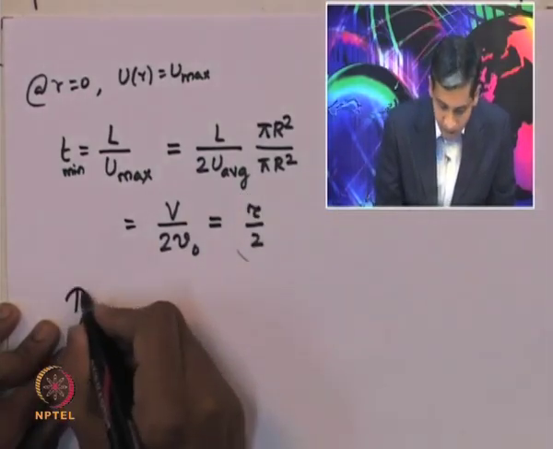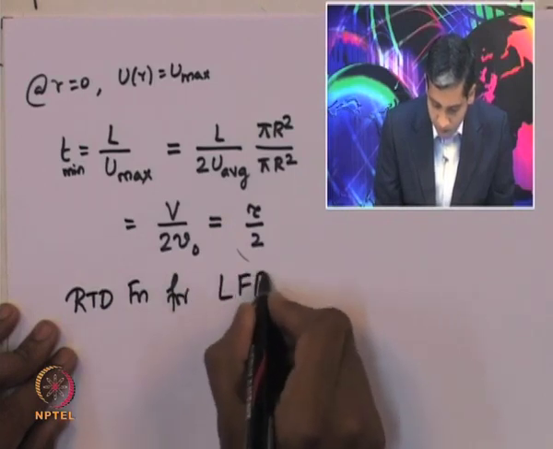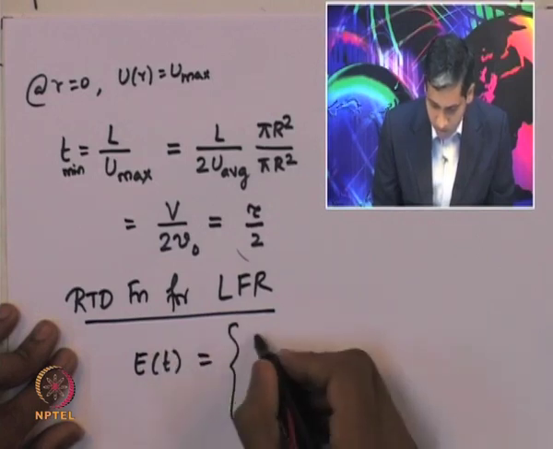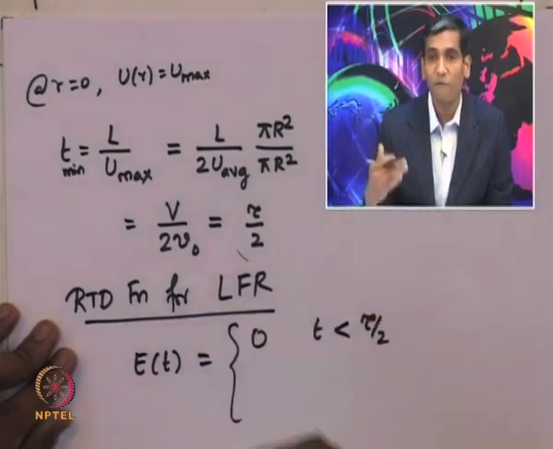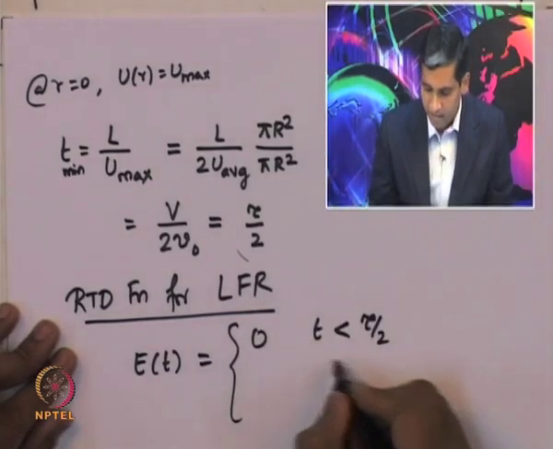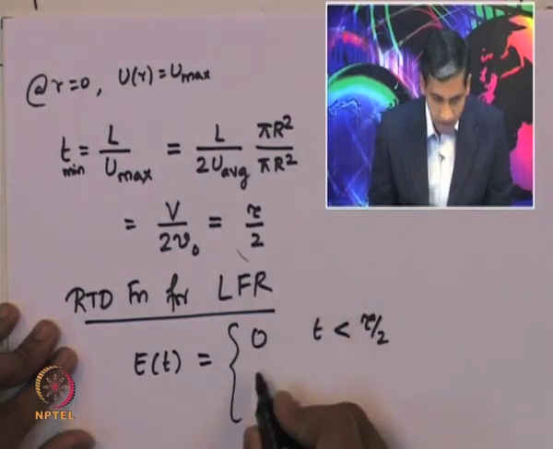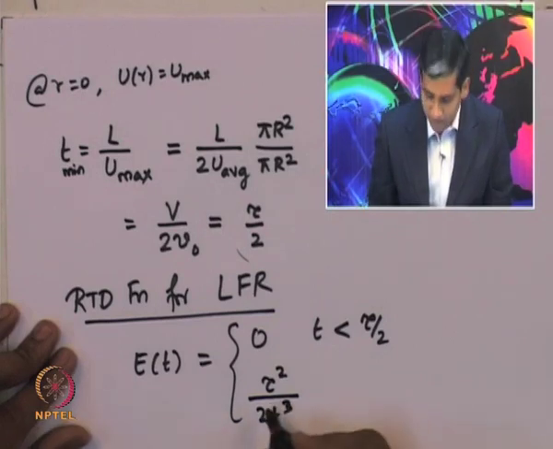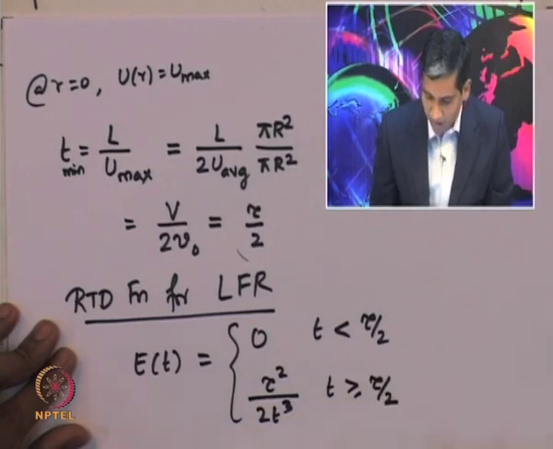So, therefore, the RTD function for the laminar flow reactor is given by E of t equal to 0 if time is less than tau by 2, which means that no fluid stream is leaving the reactor if the time at which it is monitored is less than tau by 2, whereas for any time greater than or equal to tau by 2, the residence time distribution is given by tau square by 2 t cube.